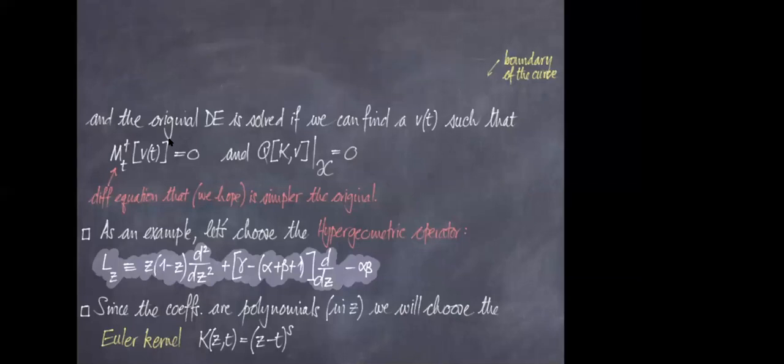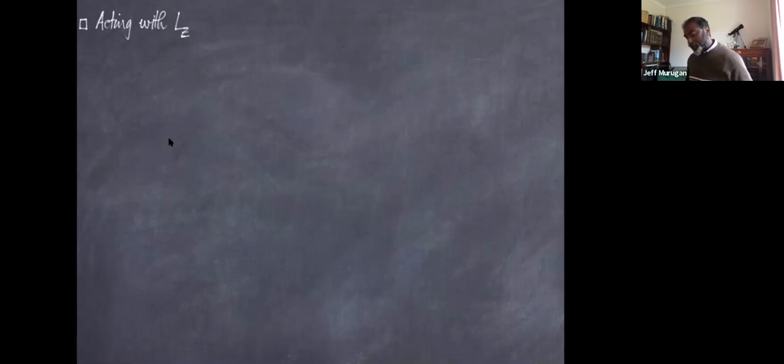Good. So there are three parts to this. Acting with the hypergeometric operator on this kernel, K of Z, T, we find the following.